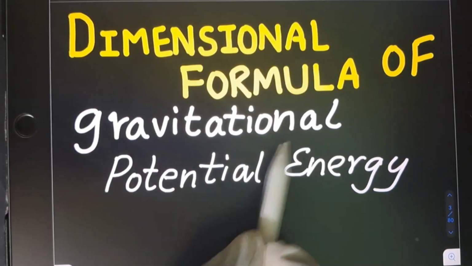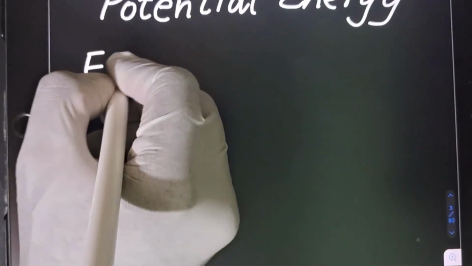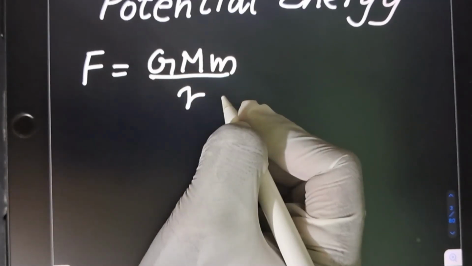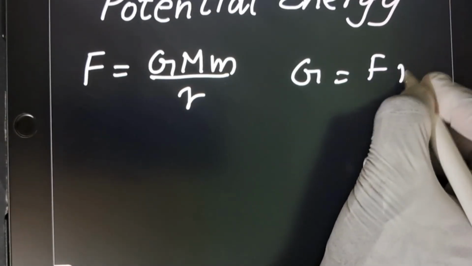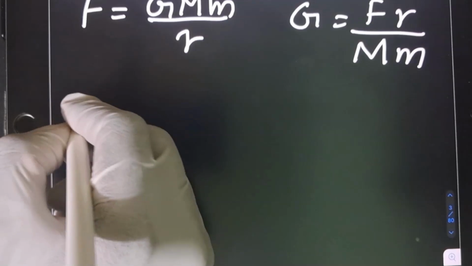To find the dimensional formula of the gravitational constant, the formula is F is equal to G m into m by R. So rewritten, G is equal to F into R by m into m, mass. Here F represents force.